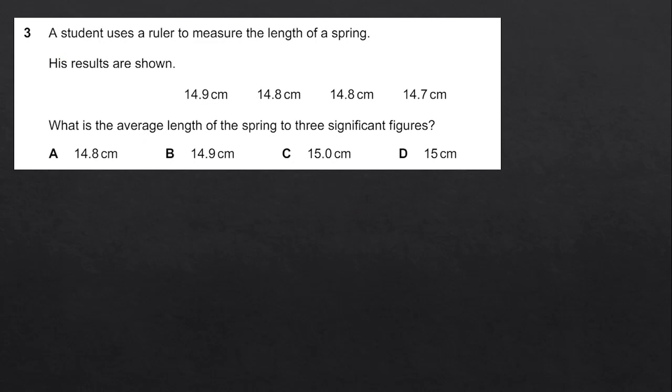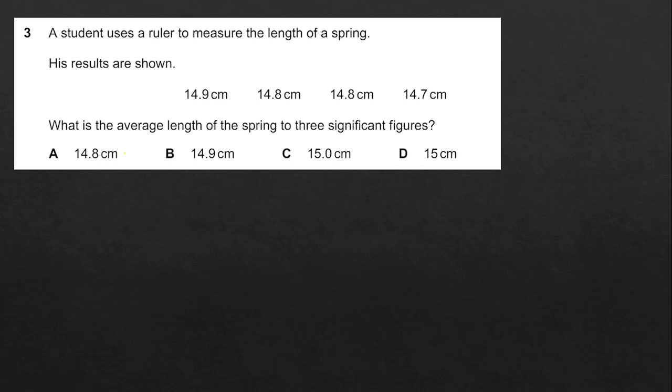Let's look at the third question. A student uses a ruler to measure the length of a spring. His results are shown: 14.9 cm, 14.8 cm, 14.8 cm and 14.7 cm. What is the average length of the spring to three significant figures? Alright, let's first write down the average length.